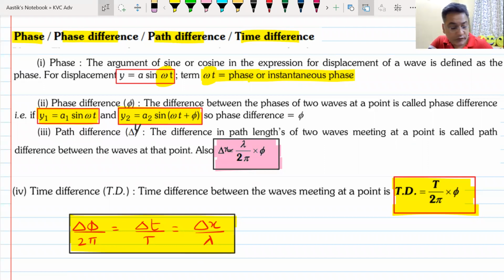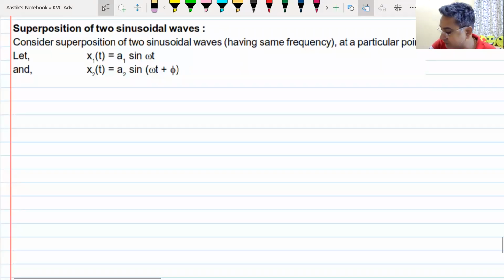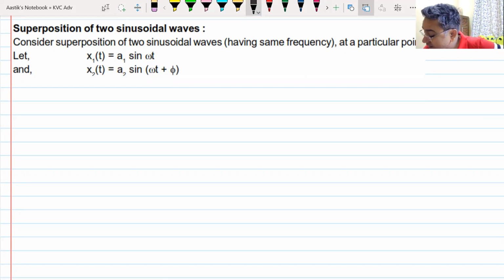If I have two waves, let us say given by these, x1 is a1 sine omega t, and x2 is a2 sine omega t plus phi. Which is ahead and which is lagging here? X2 is ahead and x1 is lagging.